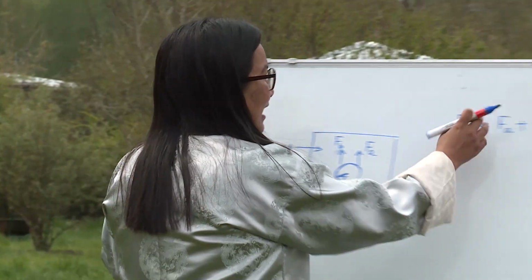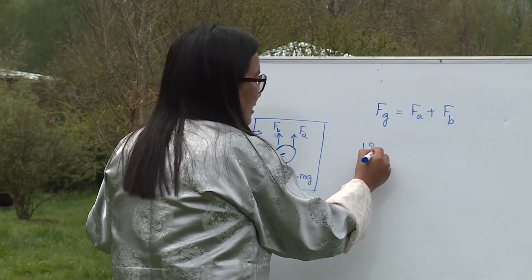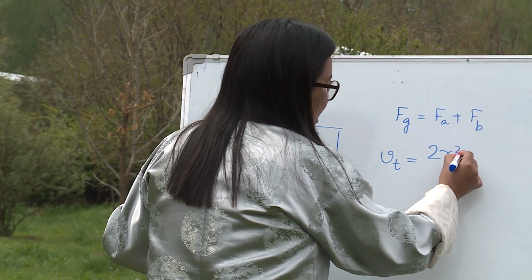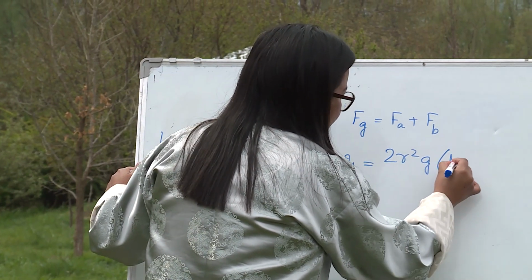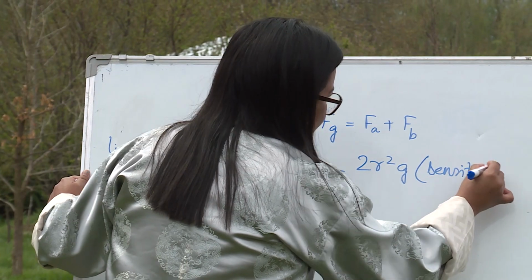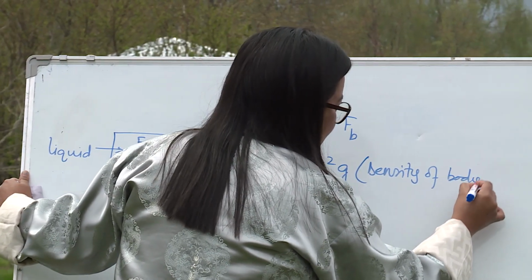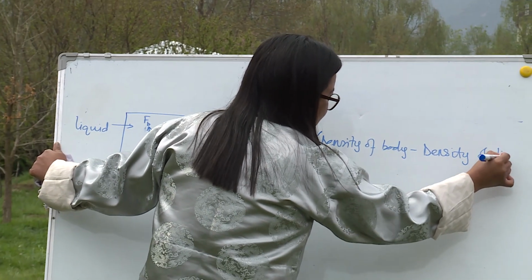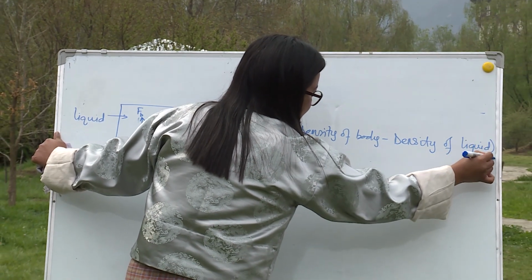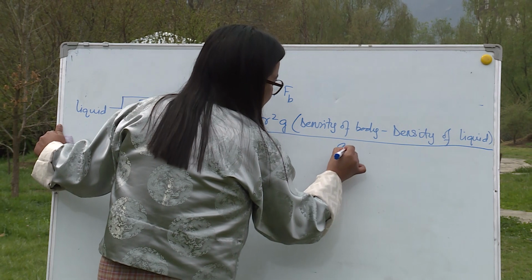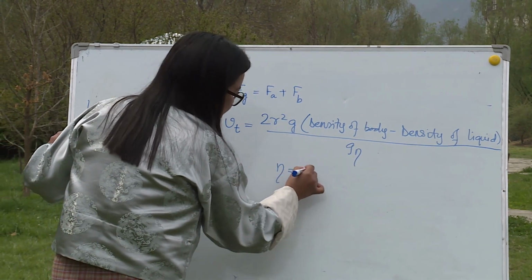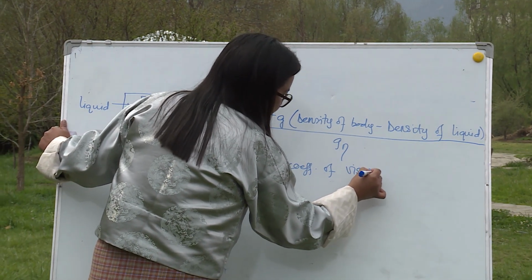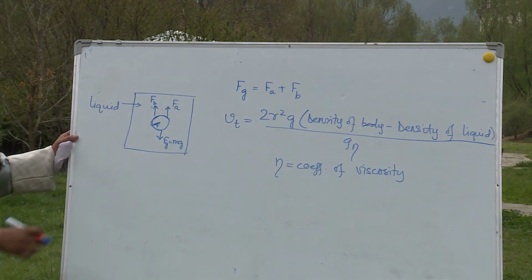At this time you will have to put the values in the equation, and then finally you get the expression of terminal velocity, which is equal to 2r square g, density of the body minus density of liquid, divided by 9 eta, and here eta is the coefficient of viscosity.